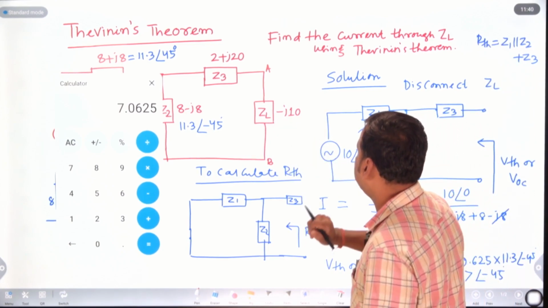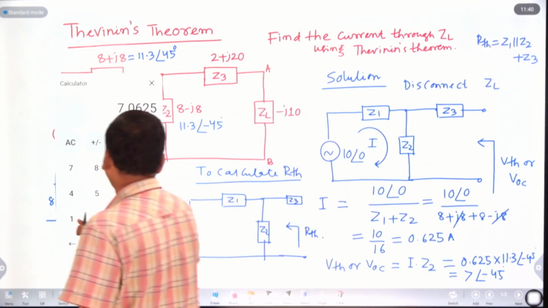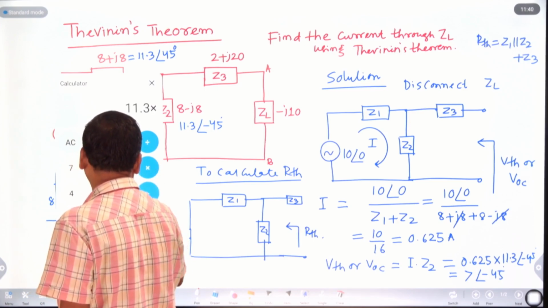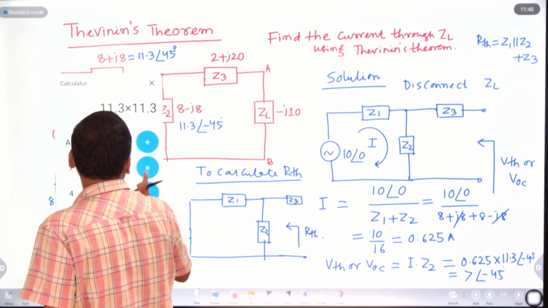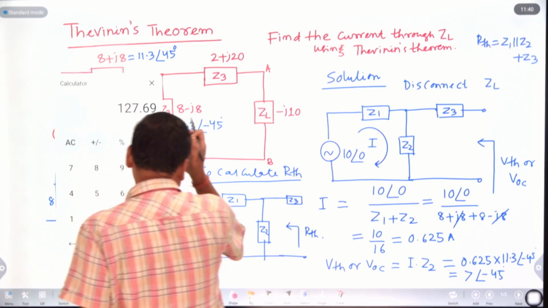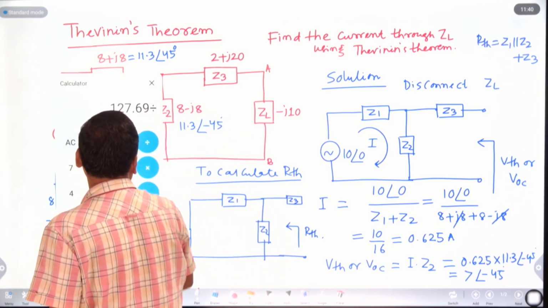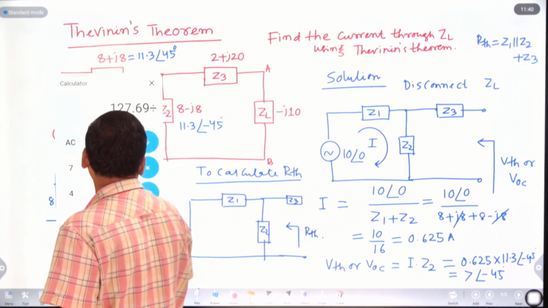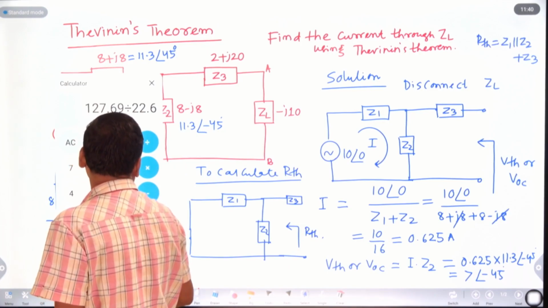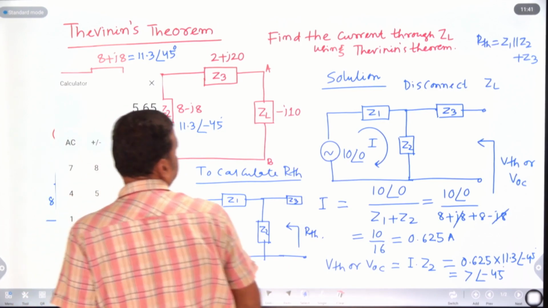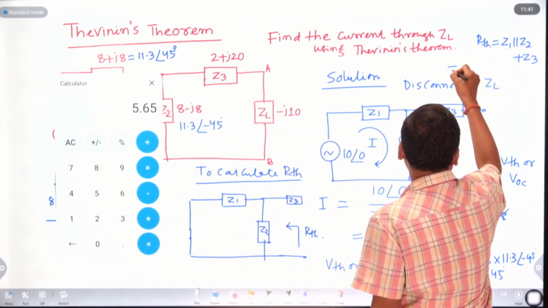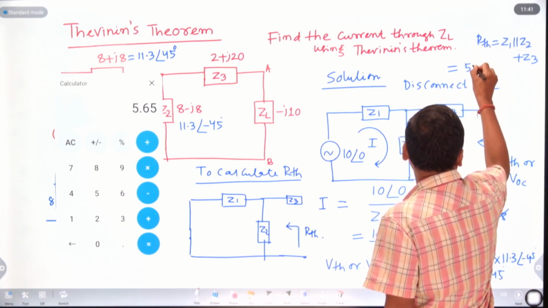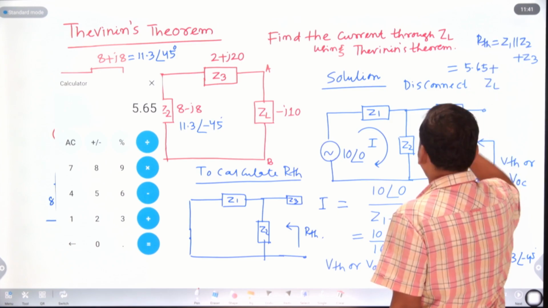This is 11.3 into 11.3, equal to 127.69 divided by 11.3 plus 11.3, which is 22.6. The value is how much? 5.65, considering the magnitude part, and this is 5.65 plus Z3.